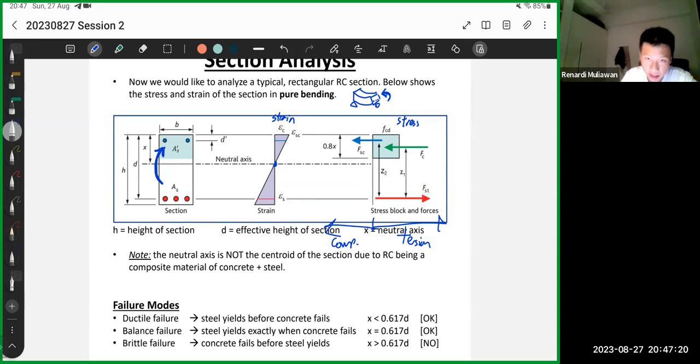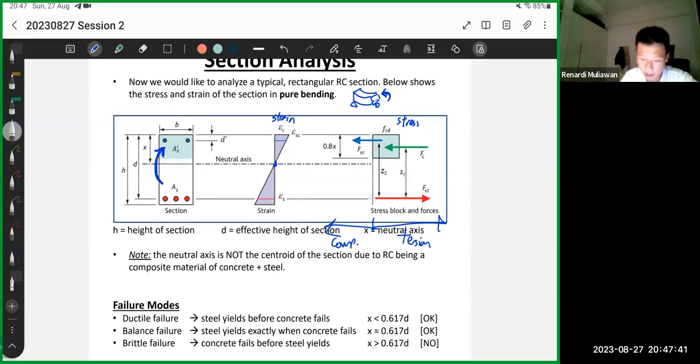The second component is usually the concrete. This area is 0.8 multiplied by the neutral axis. If the neutral axis is this much, it's basically 0.8 of it. That's our strength of concrete.